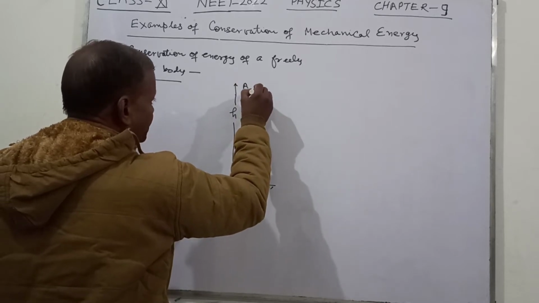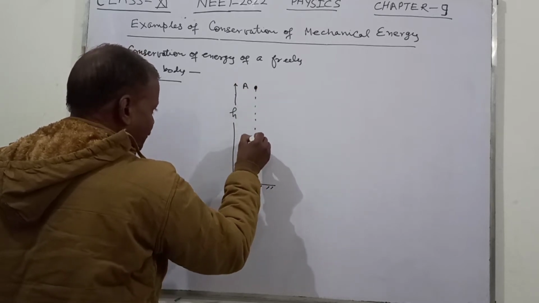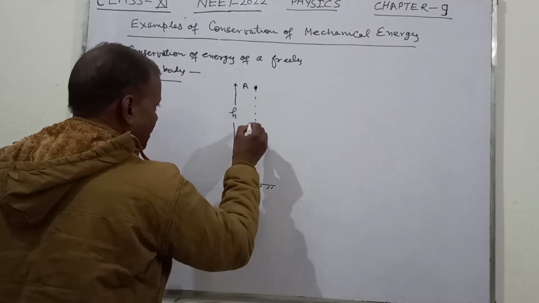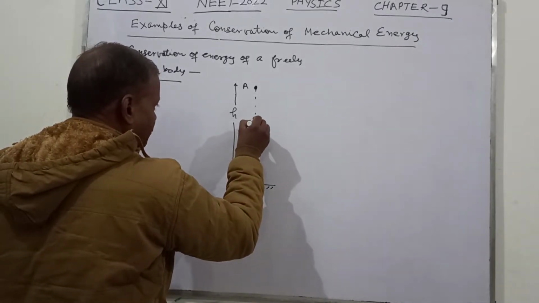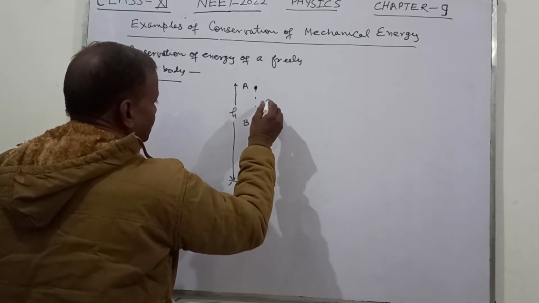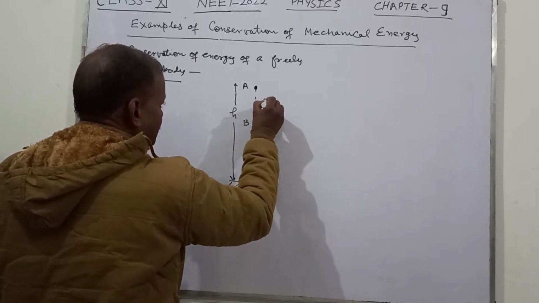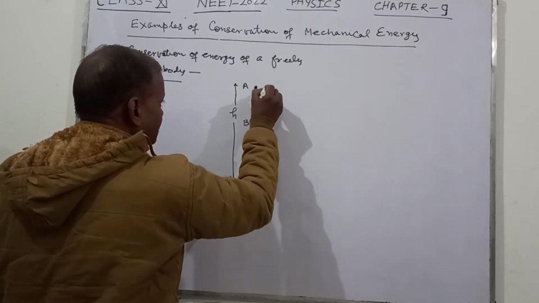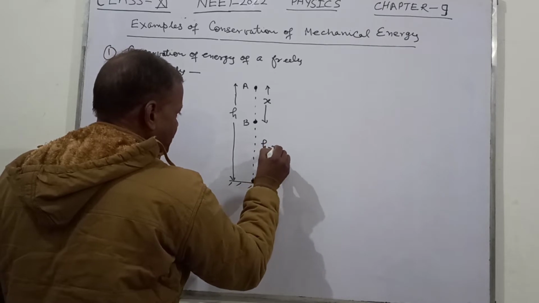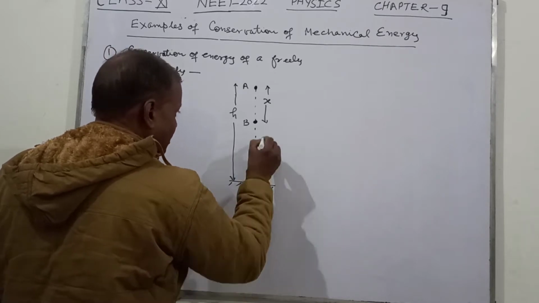Now this body passes through a number of points while falling freely. Let here we are having another point B. This is a distance x from A, and now this will be distance h minus x from the ground.